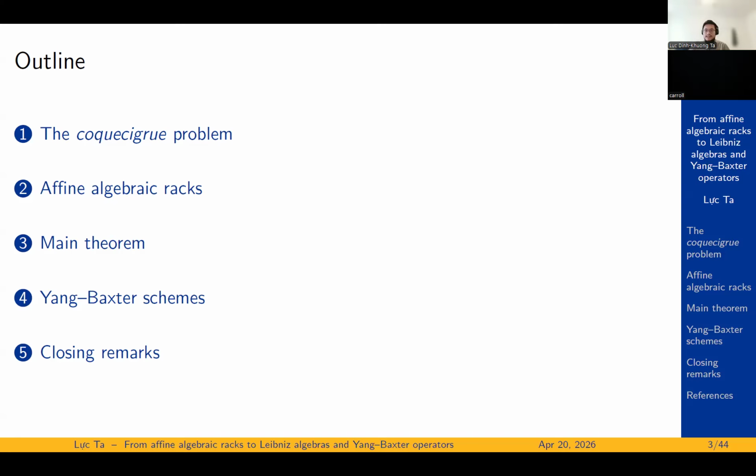And then I'll talk about some applications to Yang-Baxter operators. Since this paper is the first one introducing affine algebraic racks, there won't be too much structure theory or hard classification. It'll mostly focus on the main theorem and the applications to Yang-Baxter solutions.